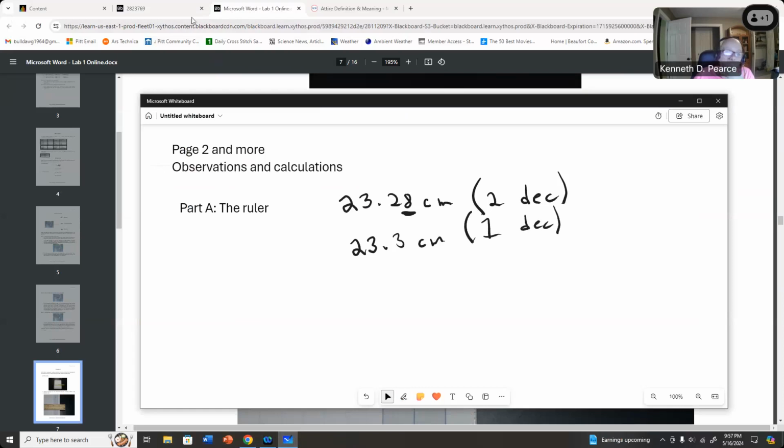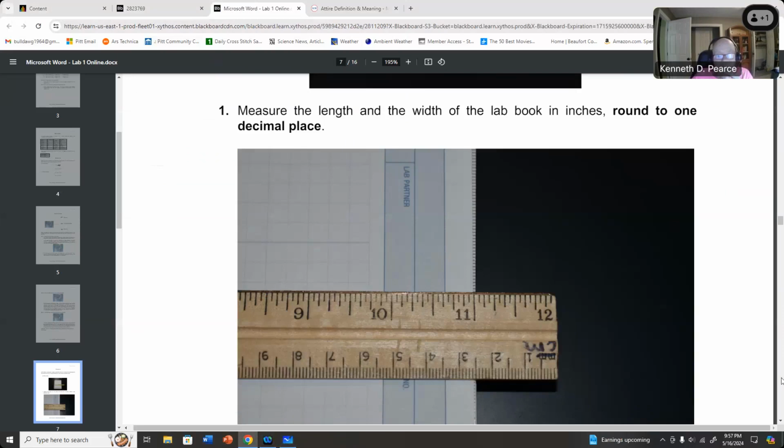All right. Now we look at our actual lab though, and the measurement. Now I'm just giving examples here. And the actual measurement, well, let's take a look. Since it's to 1/10, not many people know how to read an English ruler.